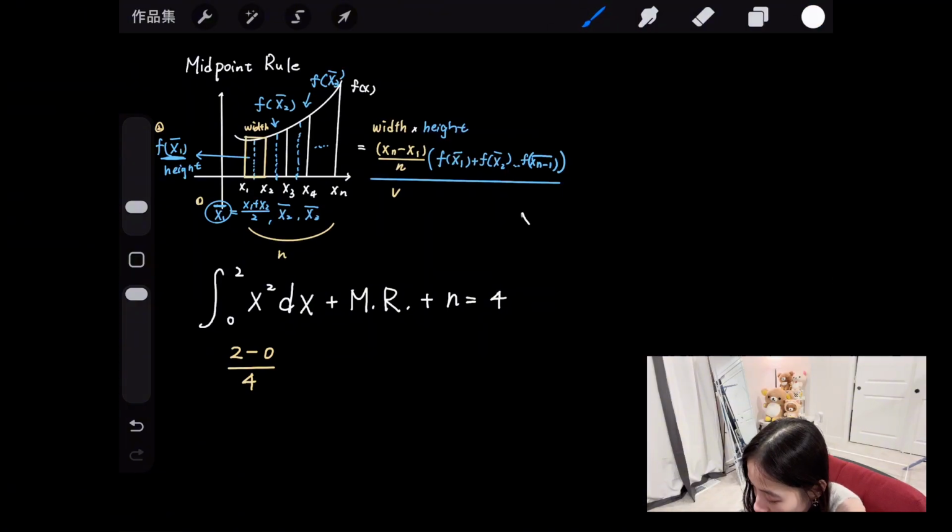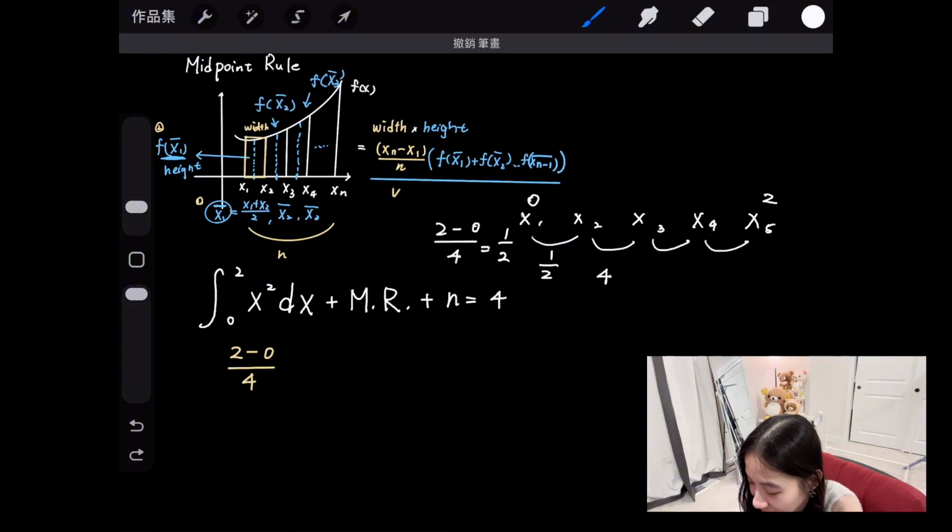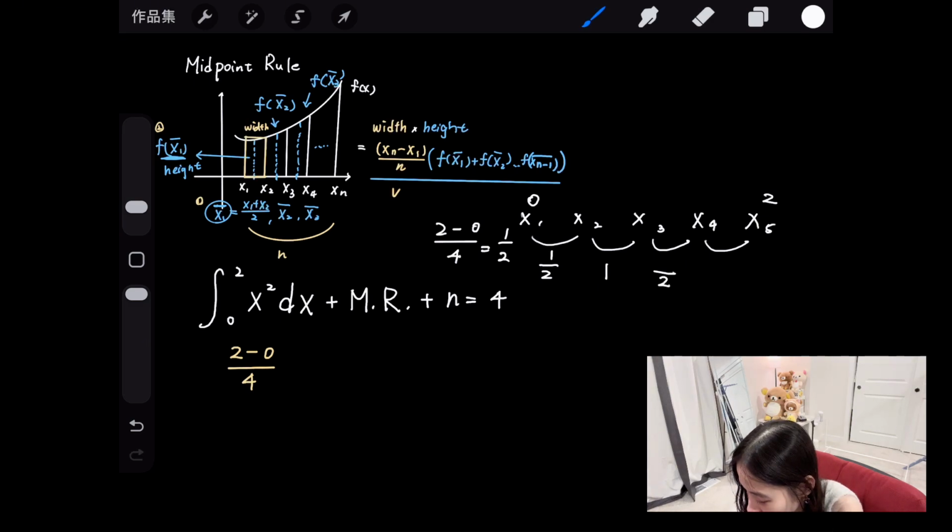So you will have x1, x2, x3, x4, x5. Your x1 will be 0 and your x5 will be 2. Because x sub n minus x sub 1 divided by 4 is 1 over 2, here will be 0 plus 1 over 2, then 1, then 3 over 2, then 2.